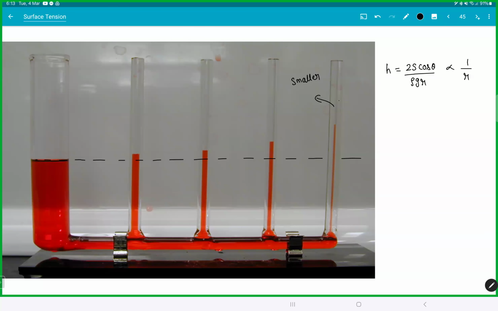So in fluid mechanics, we didn't consider this. In fluid mechanics, the answer would have been the same. All would have got the same height. It shouldn't have mattered what your radius is. But if you include surface tension, it would matter. So smaller the radius, more the height. This is how the liquid will rise. And here you can see the radius is quite large.